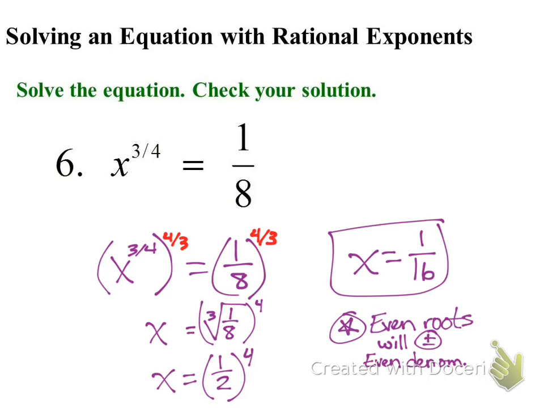And when I say even denominators, when we're raising it to a power, that's what we put into the problem. Notice how the original problem stayed with 3/4. We put into the problem, raising both sides to the 4/3, because we had odd roots here, because the denominators were odd. I did not have to worry about the plus or minus.